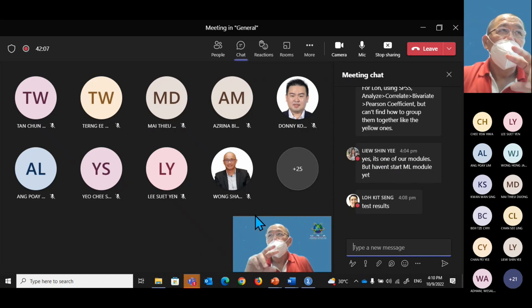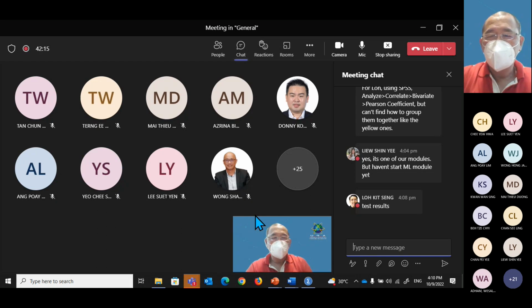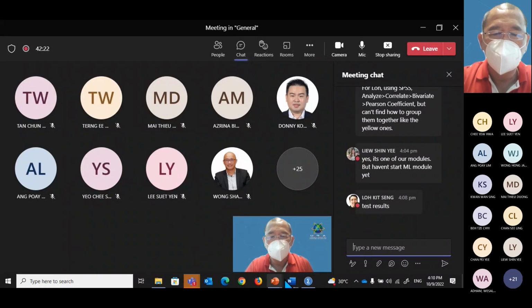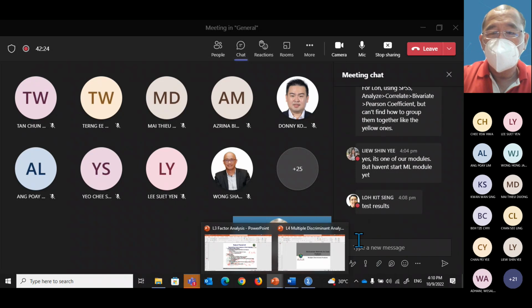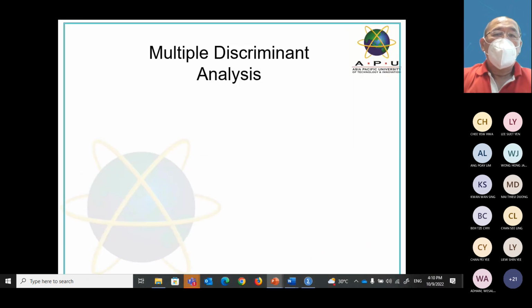I mean, MMDA is taken by data science students and also AI students. So I think this one should be for data science. AI, I think also important, to learn machine learning. We come back to here.